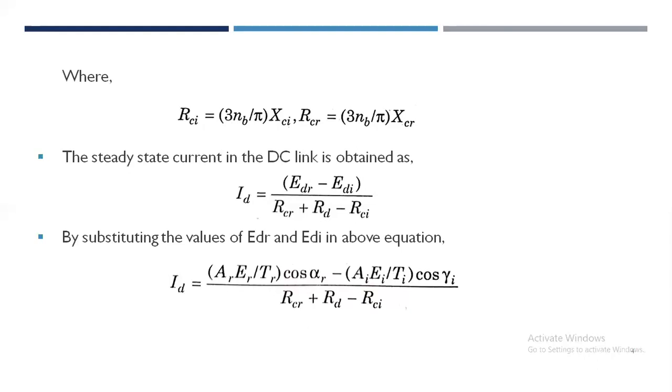This implies that a current controller must also be provided at the inverter in addition to CEA control. A smooth transition from CEA, that is constant extinction angle, to constant current takes place whenever the link current starts falling.